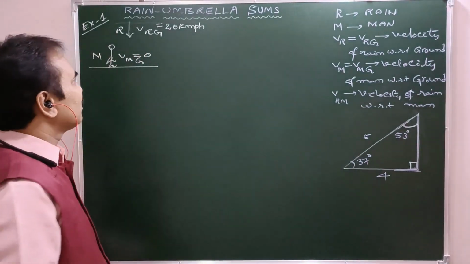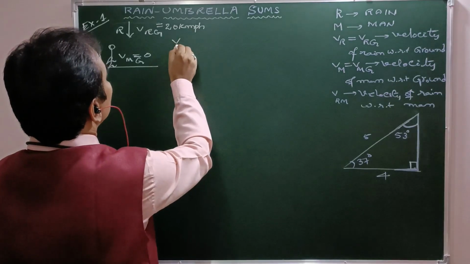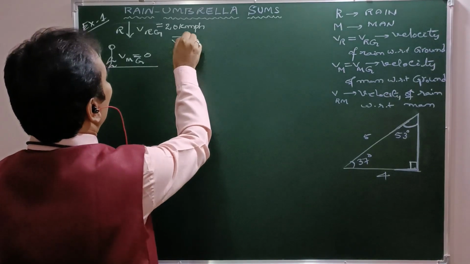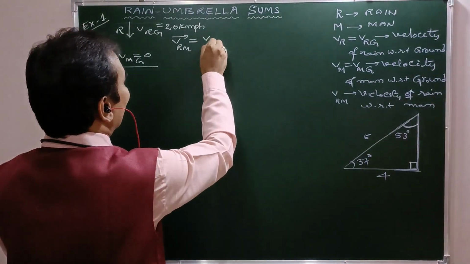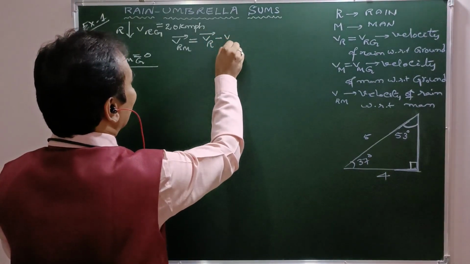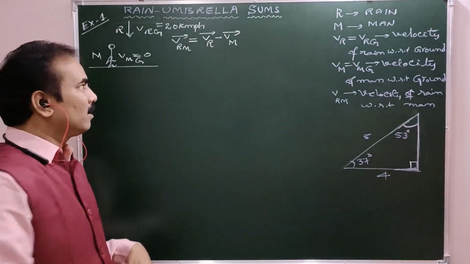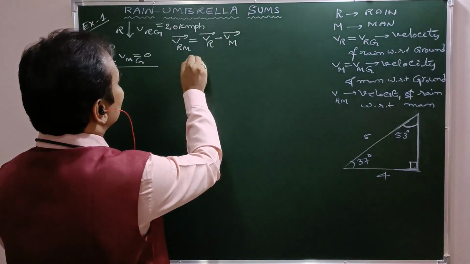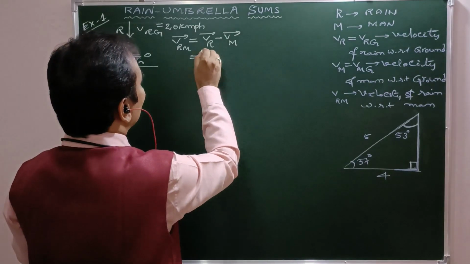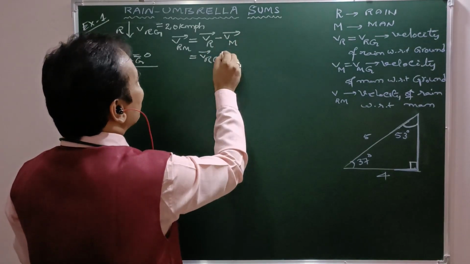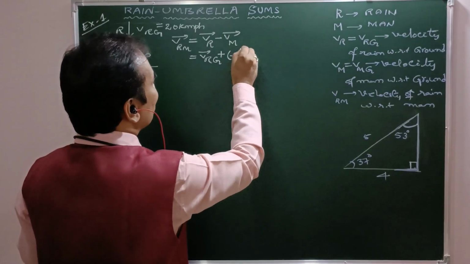Now let us see, what is the relative velocity of rain with respect to man? By definition, Vrm bar equals Vr bar minus Vm bar. That can also be written as Vrg bar minus Vmg bar, that is Vrg bar plus of minus Vmg bar.